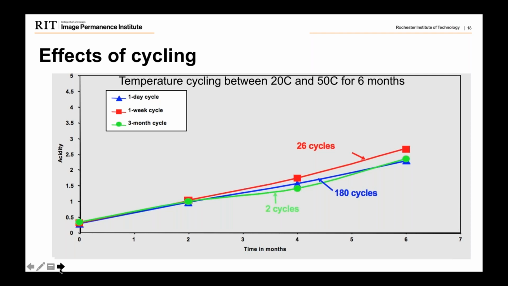If you take 3 months to go between 20 and 50, you can of course only fit in 2 cycles. So that's the green line. What this data is really showing us is that results can be explained by current theories. There is deterioration present, but there's no extra chemical decay from that cycling. It's all explained by the amount of time spent at each temperature.